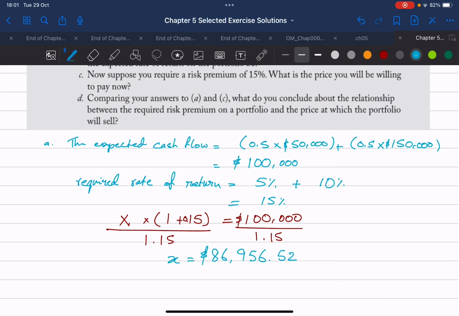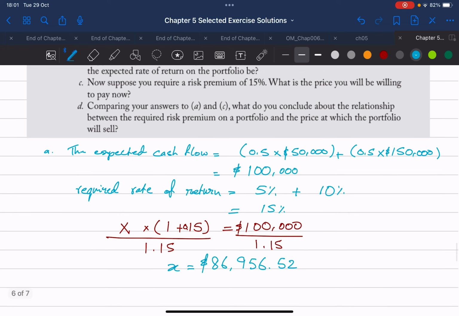Now what does this mean? It means that for an investor that requires a return of 15%, they should not be willing to pay anything more than $86,956.52. Okay?